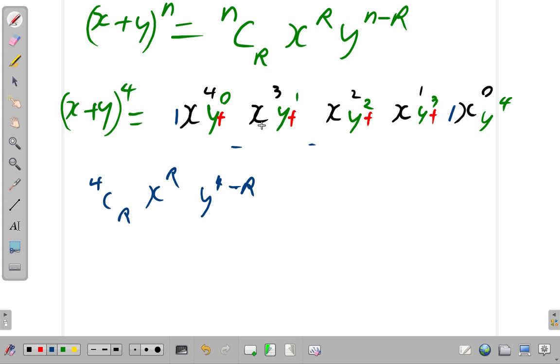Alright, here we have x to the 3, so r is 3. So we get rid of this and write our 3. This r also, we get rid of this r and write our 3. 4 minus 3. What is 4 minus 3? 4 minus 3 is 1.